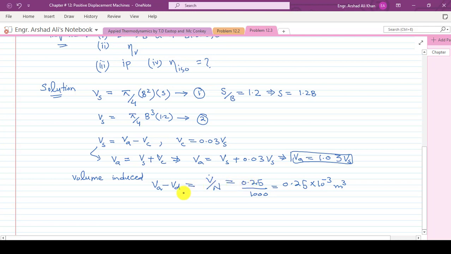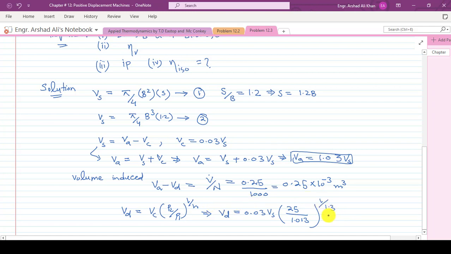Also, we have an expression, that is VD equal to VC into (P2 by P1) power 1 over N. So putting the values, VD will become equal to 0.03 Vs into (25 by 1.013) power 1 over 1.3.